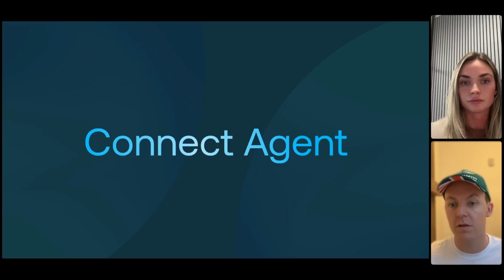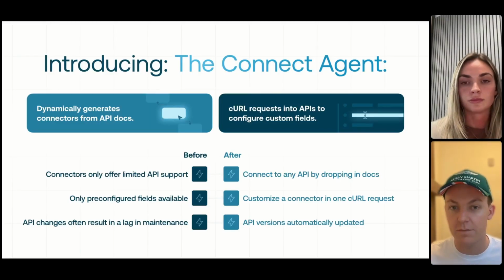And that really touches on two things. One, how does it handle APIs? And two, how does it handle maintenance? So we're going to hop into a demo in a little bit, but really there are two components that make the Connect agent different. The first is, instead of having a pre-built connector, we're able to dynamically absorb API docs, and the connector agent will take those, read them, and then turn that into a connector on the fly.